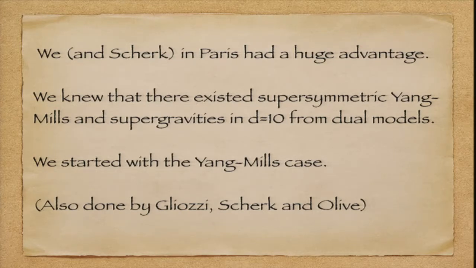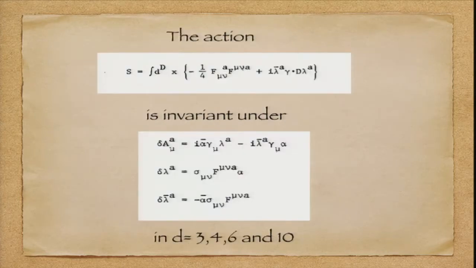In principle, it was this technique I was telling about of taking the zero slope limit. So we said, let's investigate this Yang-Mills case. And so then the remarkable thing, it's just another remarkable thing about Yang-Mills theory. This theory looks like this: this is the ordinary Yang-Mills term, and here is the fermion case. And you can write this in 3, 4, 6, and 10 dimensions.